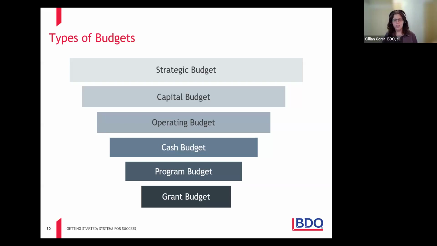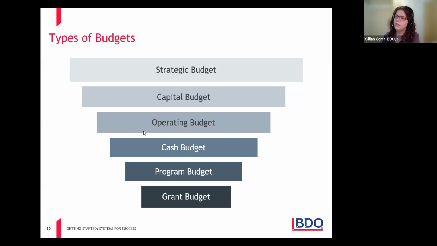A cash budget, we're calling it a budget here, but what I really mean is a forecast. We can take our operating budget and we can turn it into a forecast over the next 6, 12, 18 months, whatever makes sense for your organization, to understand at the end of every month, if we've received the cash we think we're going to receive, and we've spent the cash we think we're going to spend, what's our ending bank balance going to be?